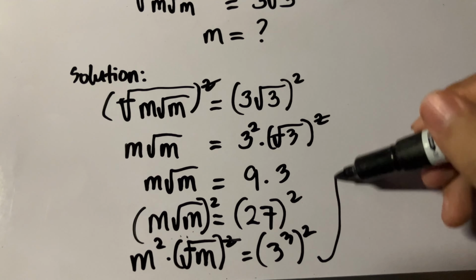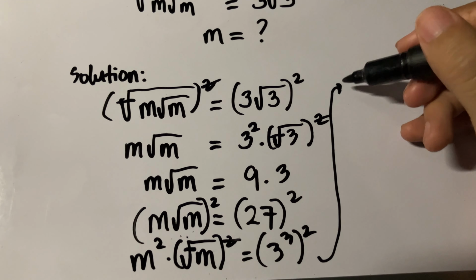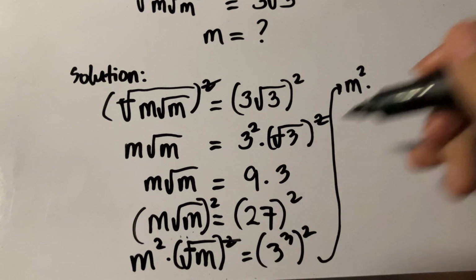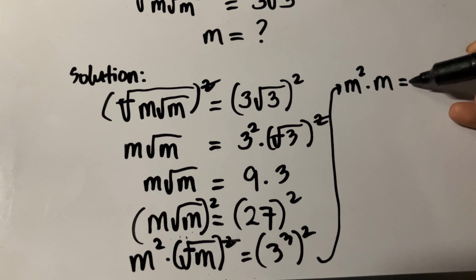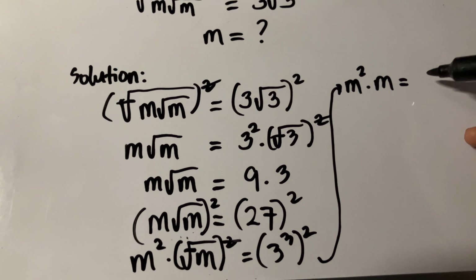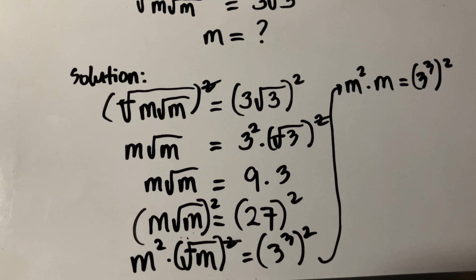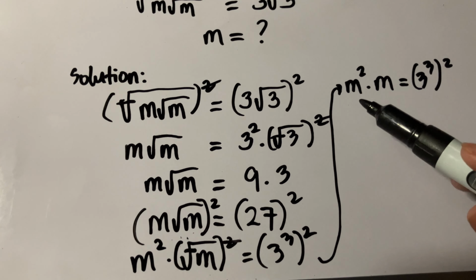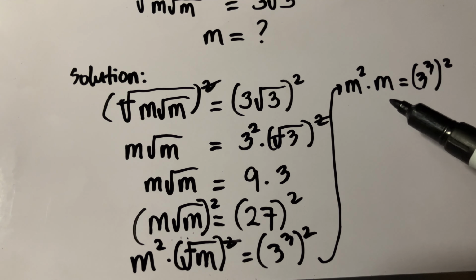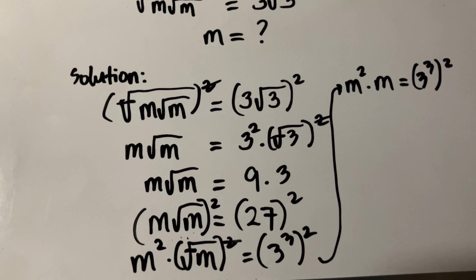So now we have m squared times m, then equals, copy, 3 cubed then whole to the power of 2. For this, m squared times m, we know that m has a constant power of 1.